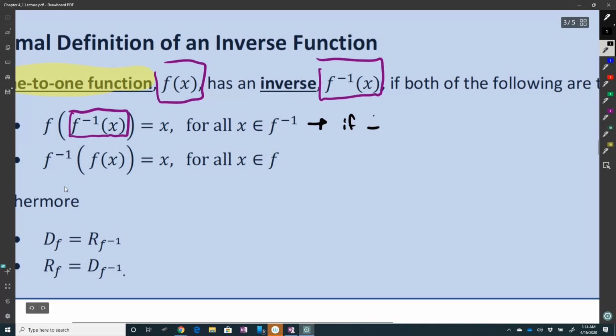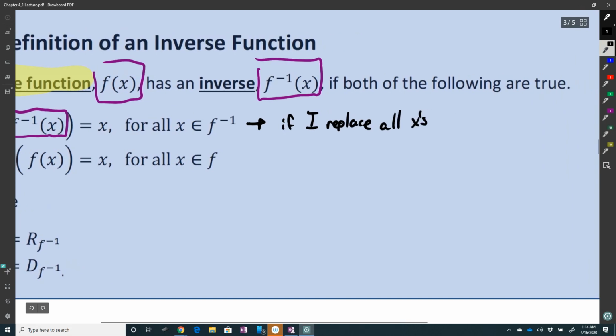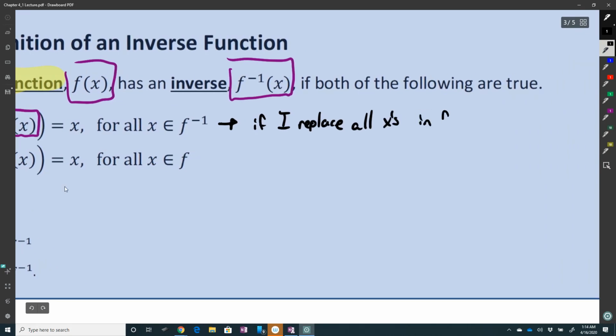If I replace all x's in f of x with the inverse, so if we replace all x's with the entire inverse, then everything cancels.